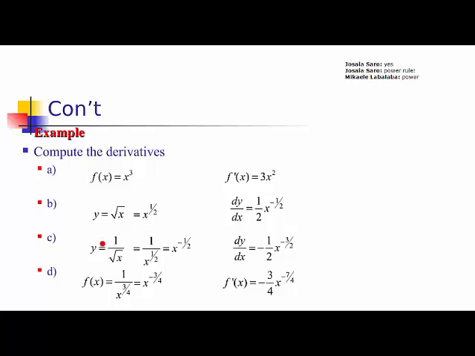So first of all, you need to get rid of the root. So instead of root, you will write x to the power half, which is same as root of x. And then same power rule, bring the power in front, multiply the power in front, and then you do -1 to the power. And then you can follow on. The same rules apply for C and D.